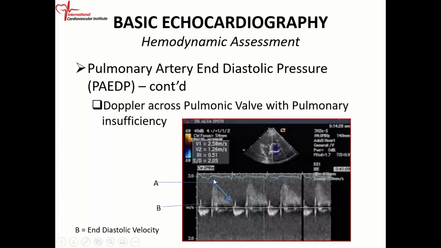You're going to have an early velocity and a late velocity. It's a diastolic flow, so you're going to get the envelope from the end of the T wave to the beginning of the QRS, because it's a diastolic flow. End of the T wave, beginning of the QRS.